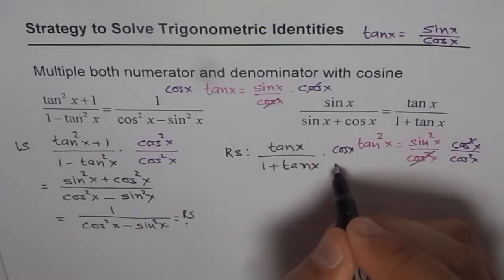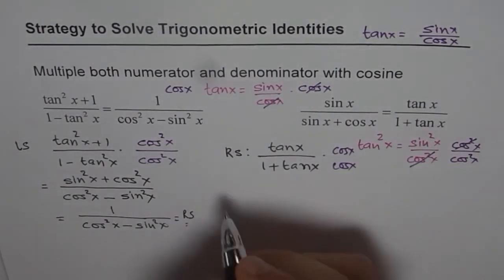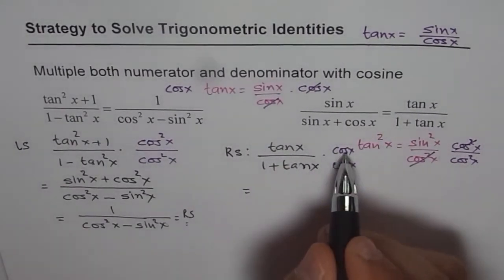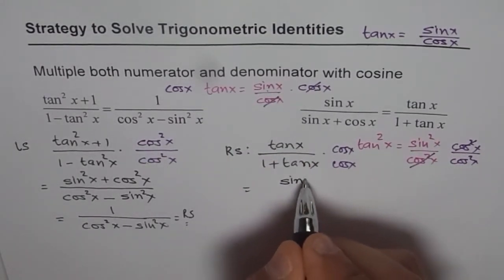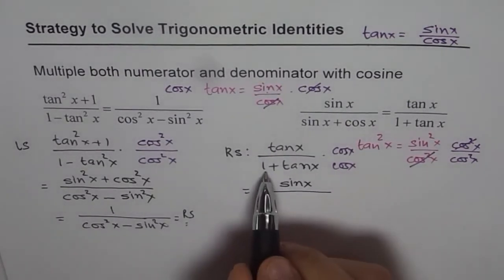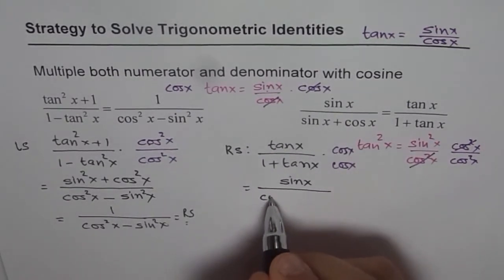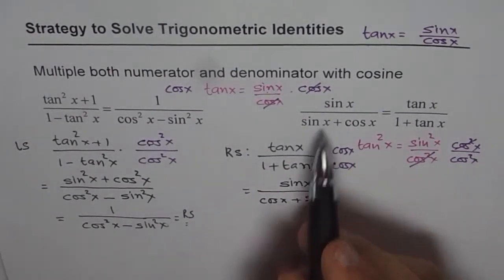Then tan x times cos x is what? Sin x. So we get sin x in the numerator, and in the denominator I'll multiply cos x with 1 plus tan x. So I'll get cos x plus sin x. That is my left side.